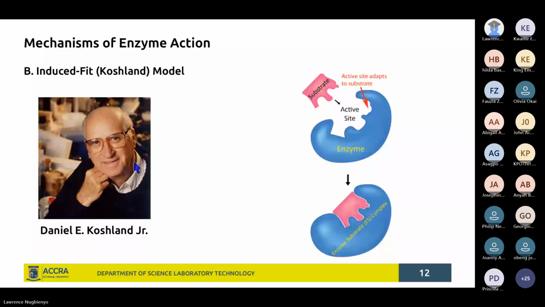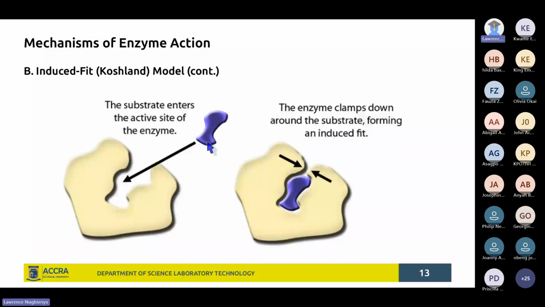Now, what it means is that if you take this structure with a groove in it, which is depicting the enzyme, and then you have the substrate, the violet shape, which is to get into the active site. If you pay close attention, that substrate does not perfectly fit into that active site.